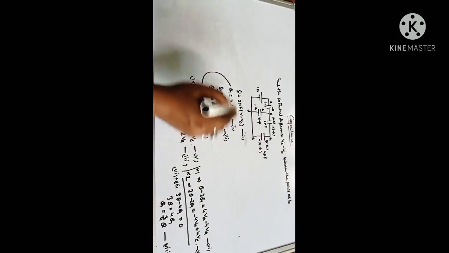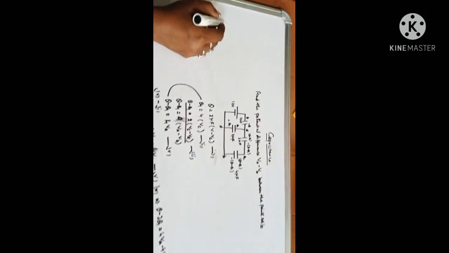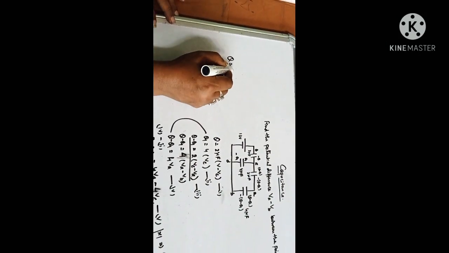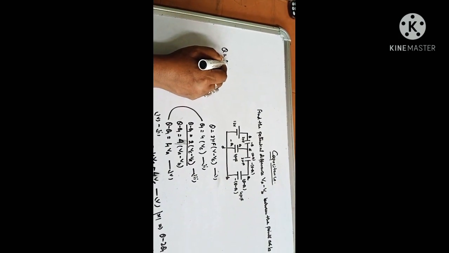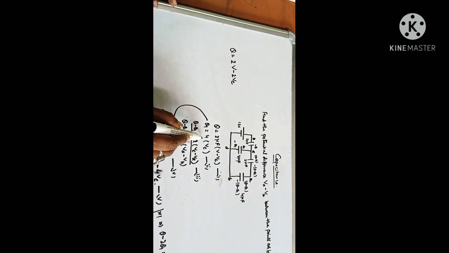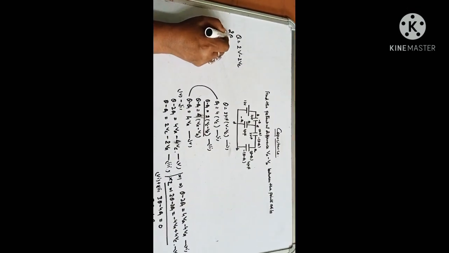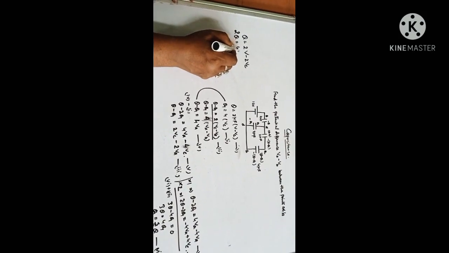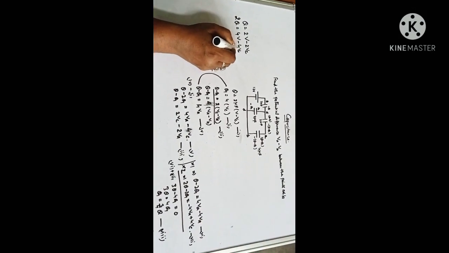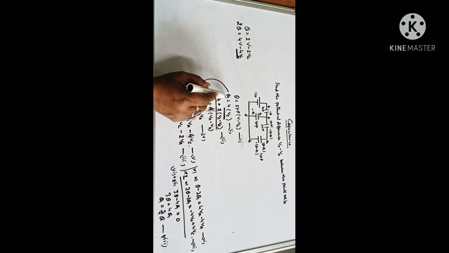Now from equation 1, q is equal to 2v minus 2vc. As I know this is 4vc, so I am going to multiply this by 2. 2q is equal to 4v minus 4vc, and the value of 2vc is q1.